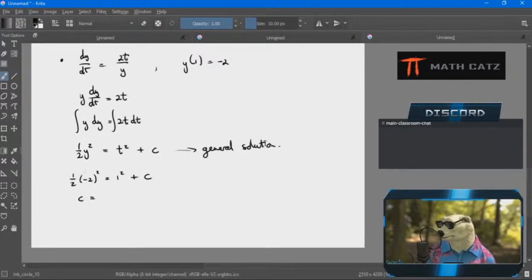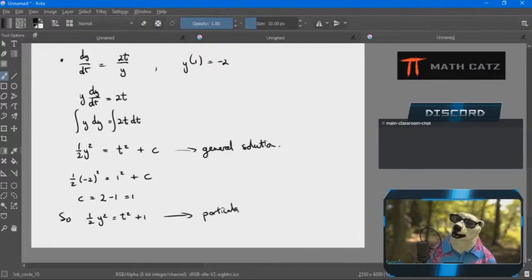Well, this is going to be 4 over 2, so it's 2 minus 1, which is 1. And then I can say 1/2 y squared equals t squared plus 1 is my particular solution.